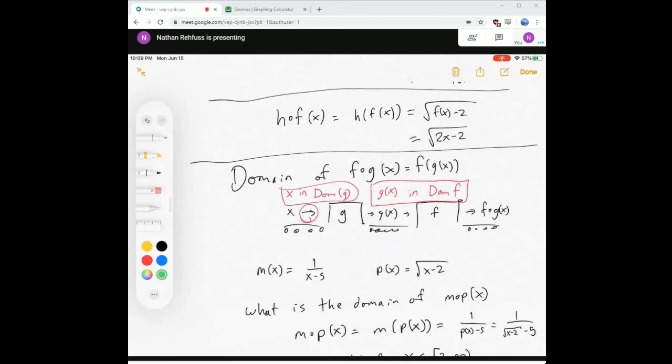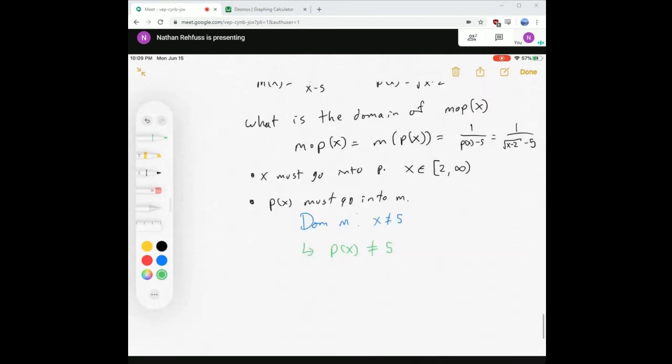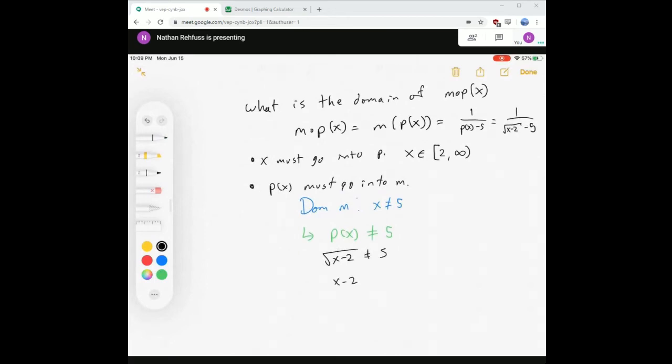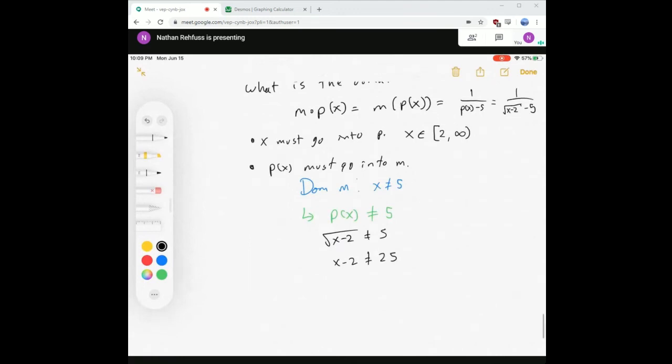Let's take a look. p of x was the square root of x minus 2. So this is going to tell me the square root of x minus 2 cannot be 5. I'll go ahead and square both sides. x minus 2 cannot be 25. So I just multiplied each side by itself. And then I can add 2. Turns out x cannot be 27.